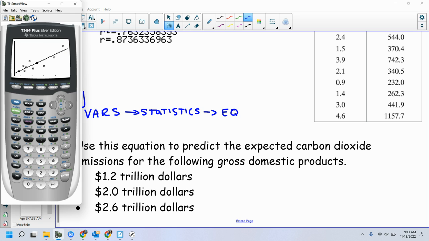Now I'm going to calculate $1.2 trillion for the GDP to figure out what the expected carbon emissions would be. So I'm going to second calculate above trace, and then I'm just going to hit value, 1.2. And then the Y value is the expected carbon emissions.